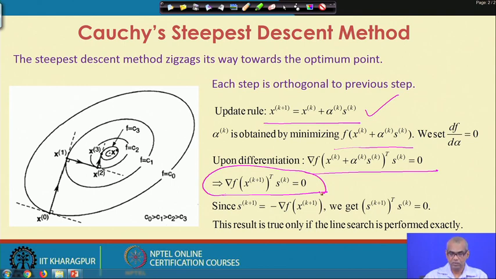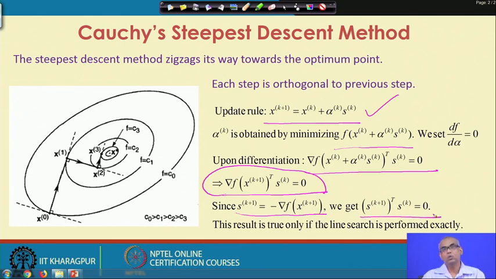Now, the search direction at the k plus 1th iteration is nothing but the minus of the gradient vector at k plus 1. This is what we know from steepest descent method. So, we can write that the search direction at k plus 1 times the search direction at the kth step is equal to 0.